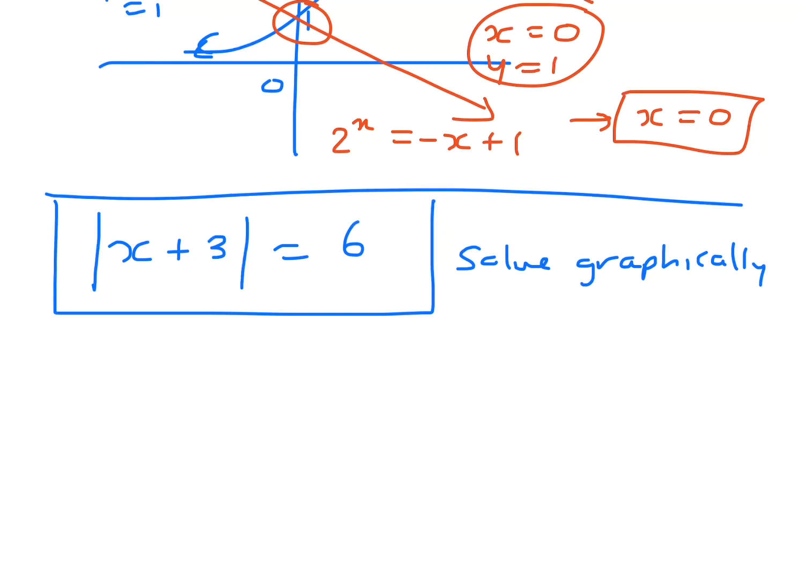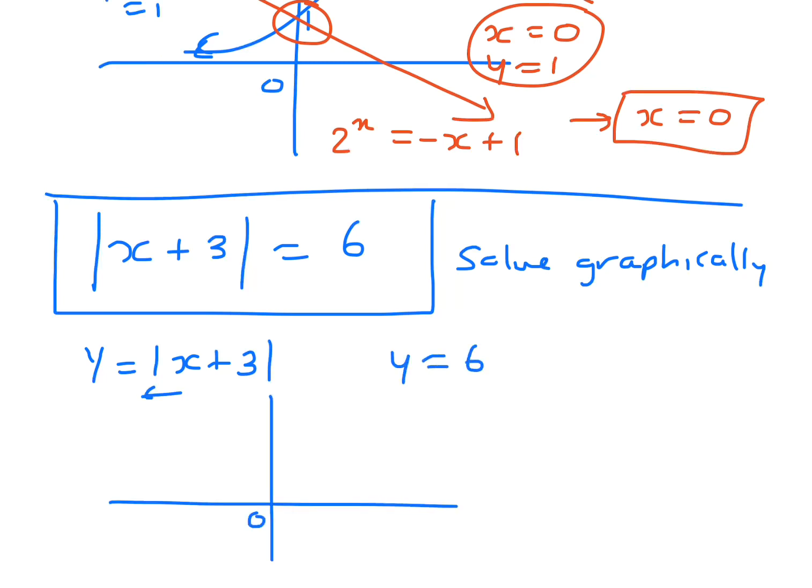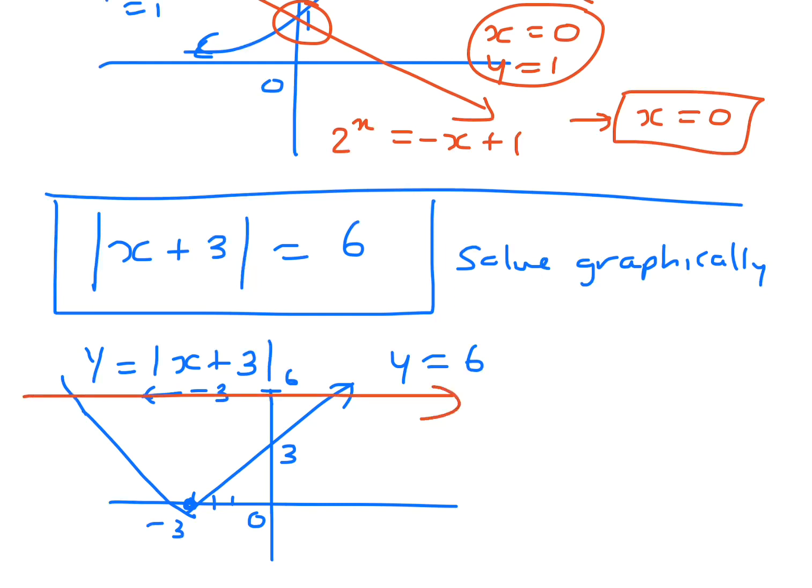Okay, so to solve this one graphically, if you sketch y equals x plus 3 and you sketch y equals 6, then y equals x plus 3 would be shifted to the left to minus 3. That looks like that. And then y equals 6, if you put 6 there, it's going to go through there. So whatever those values are there, that will be the solutions to those equations. So if you drew an accurate graph, you'd be able to read it off.